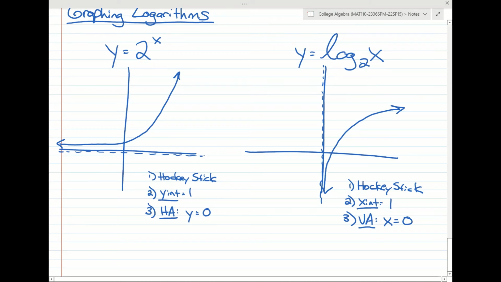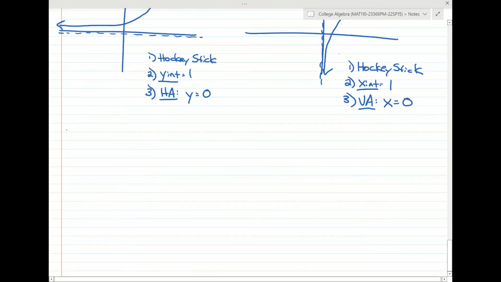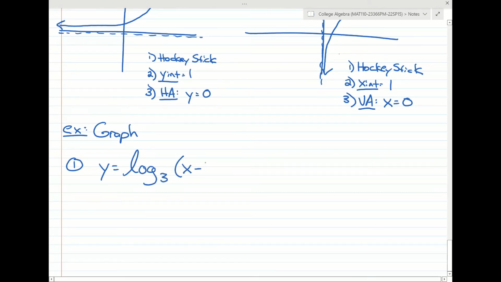What I want to do is just give you a couple different examples of this. What if I asked you to graph, say, y is equal to log base 3 of x minus 2?